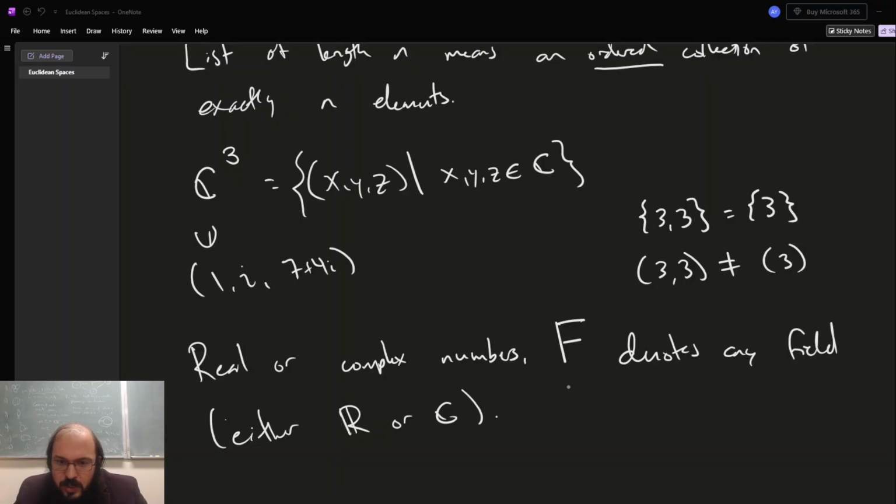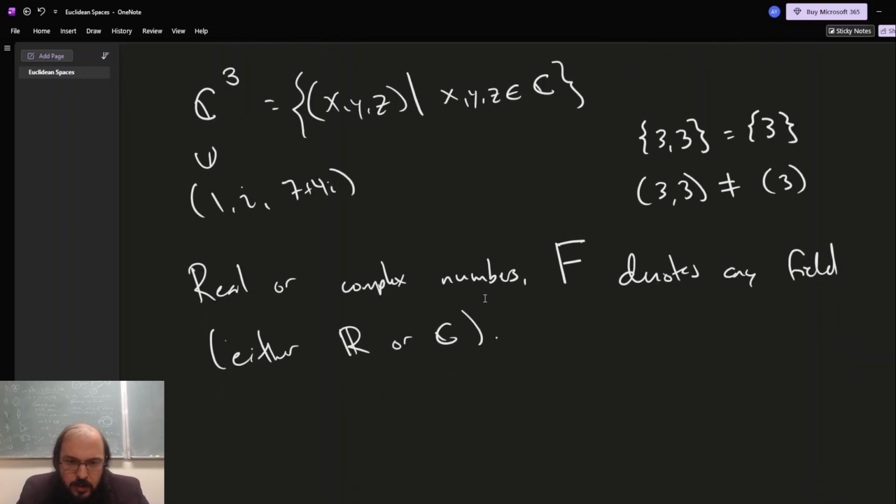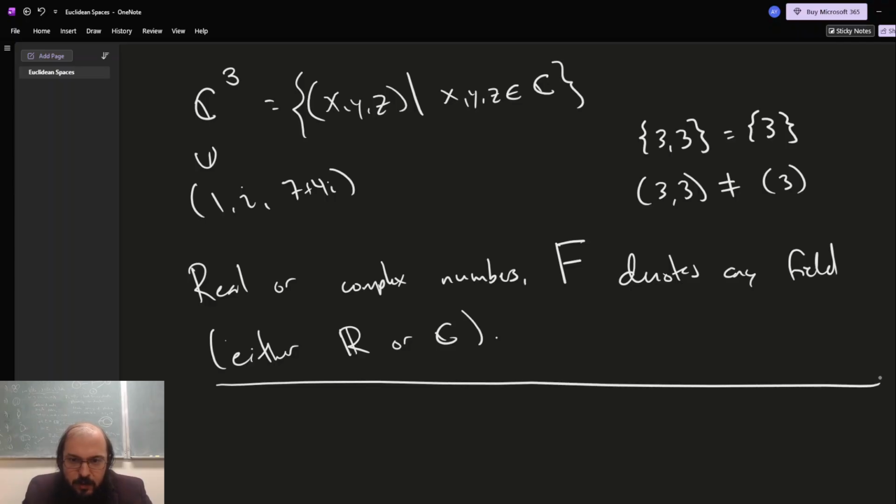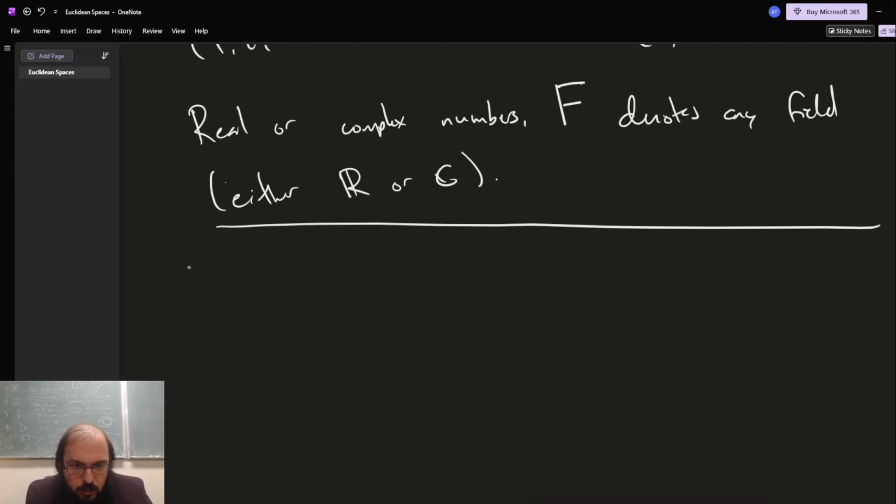Let's see, any other notation that we need to introduce in this first video? We should probably talk about coordinates a little bit. So when we're talking about elements of a field or lists such as F^n, we will be able to speak of specific entries. We'll use subscripts when I have a list of length n, right? Because I don't know how many n is.